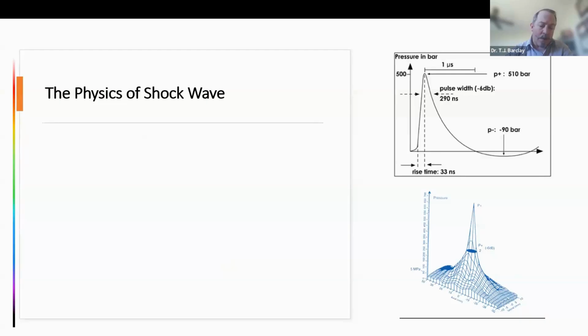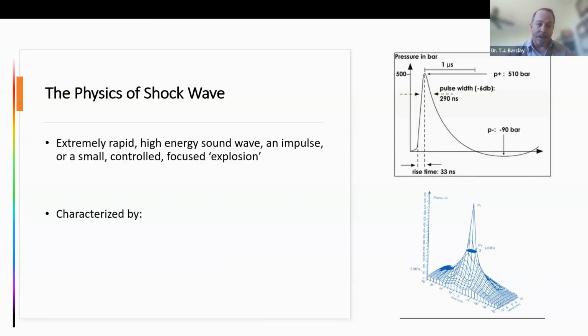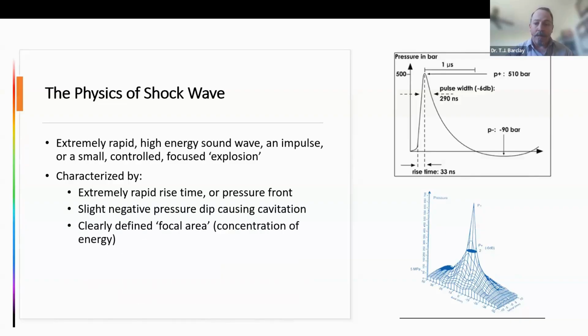So we'll have just a little bit of a physics discussion here, because shockwave has a specific physics definition. You can see on the graph on the upper right, the main thing that characterizes a shockwave as contrasted to a normal sound wave is the extremely rapid and intense rise in pressure.